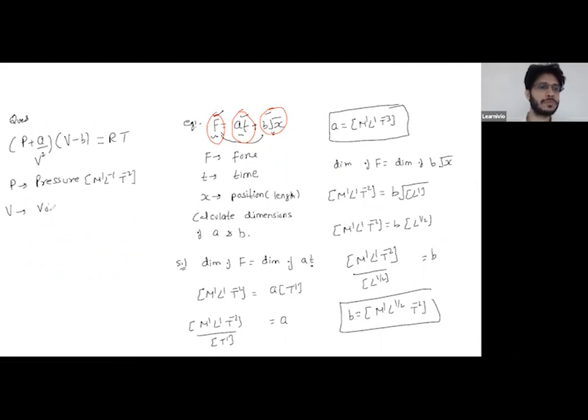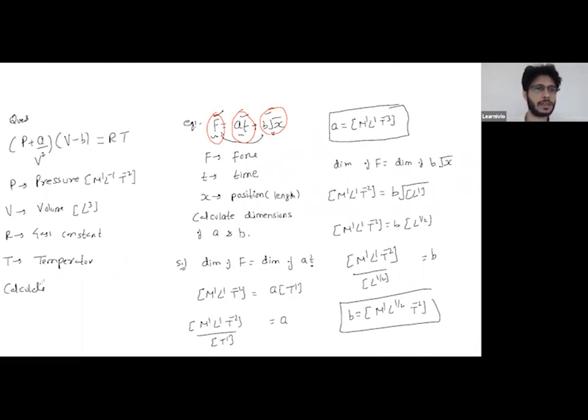V is volume, L cube. R is gas constant. T is temperature. Calculate dimensions of A and B.